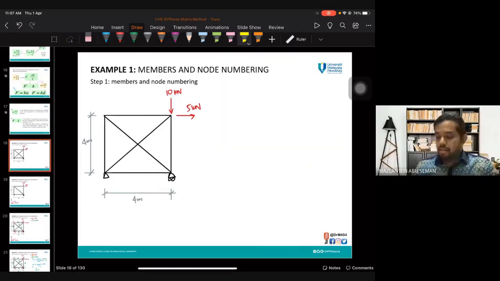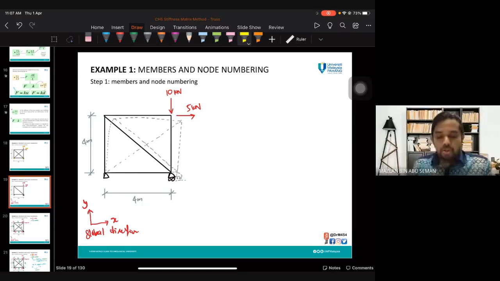Then I asked you to do this exercise. For this truss, you have a pin and you have a roller, and it is subjected to 5 kilonewton horizontal, 10 kilonewton vertical. So I asked you to imagine, due to this load, what will the deflected shape be?